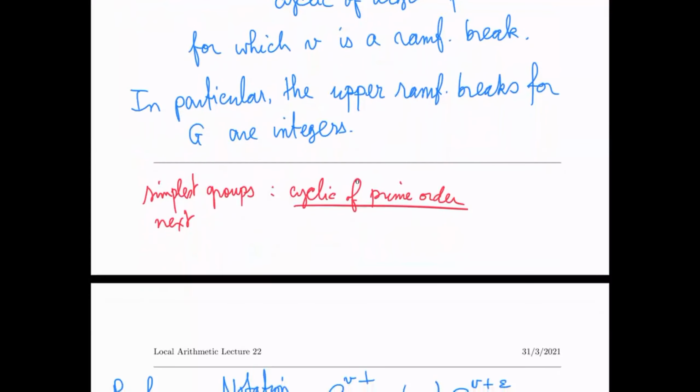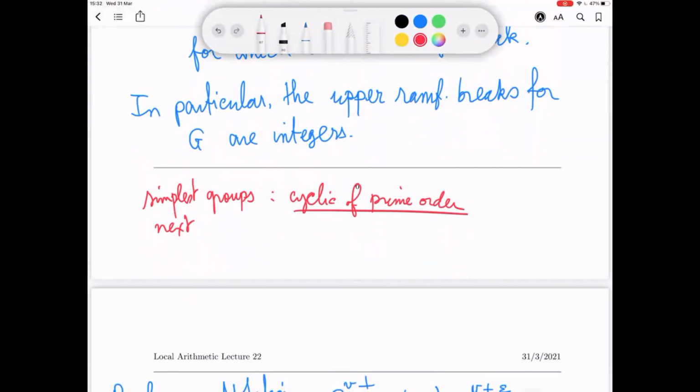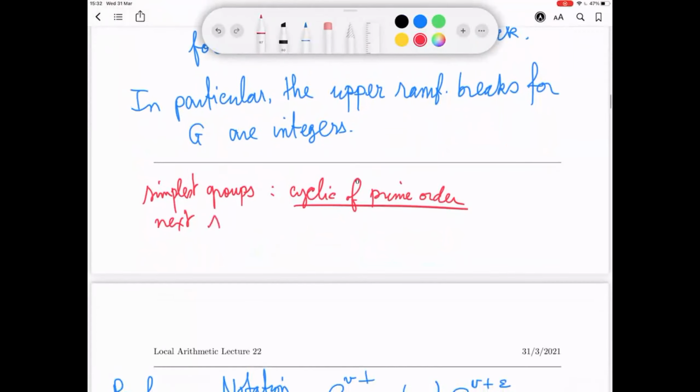So the next simple groups in this sense are, of course, abelian groups of exponent P. Abelian groups of prime exponent.